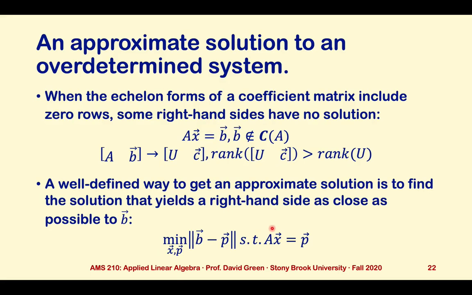Let's try to find a solution Ax equals p, so p has to have a solution, in such a way that the difference between b and p is minimized in its Euclidean distance sense, in its norm sense.